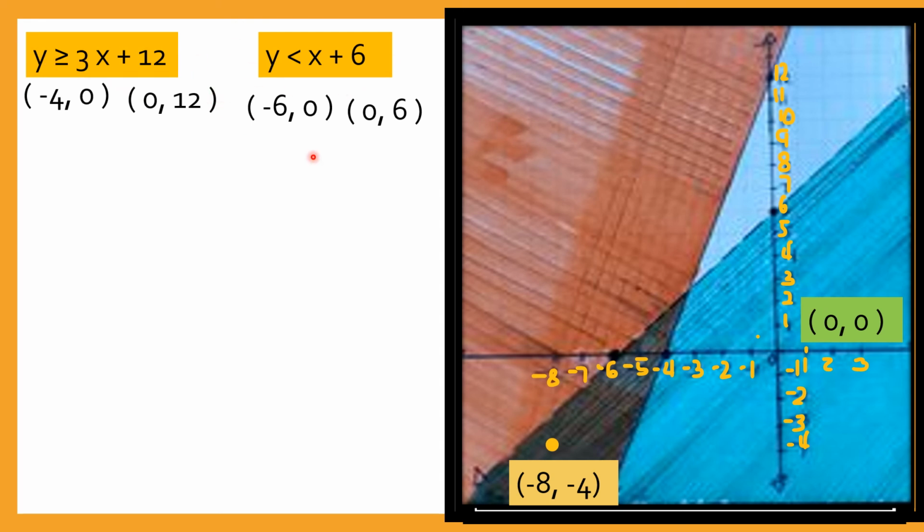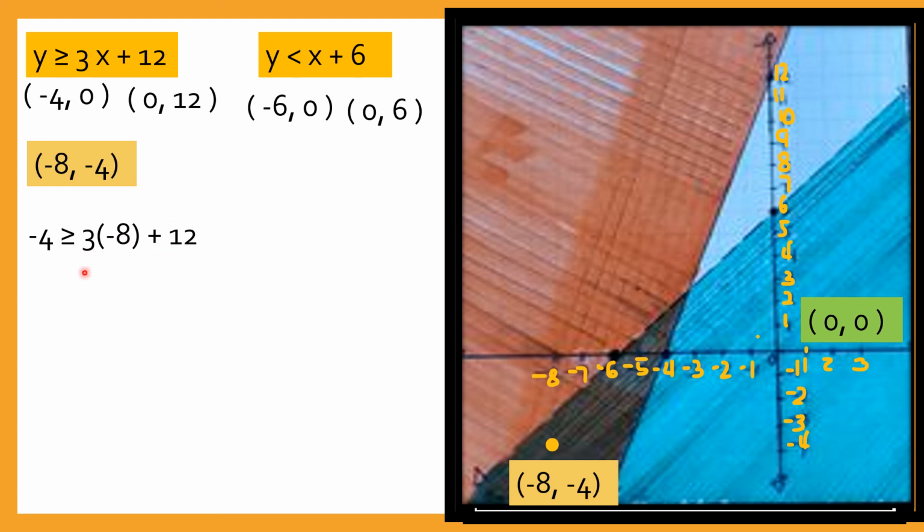Okay, itetest natin ngayon sa parehong inequality. Dapat true ang magiging sagot. Okay? So, ngayon, ito yung first inequality natin. Y is greater than or equal to 3x plus 12. So, papalitan natin ngayon yung y and x ng negative 8 for x and negative 4 naman sa y. Okay? So, negative 4 is greater than or equal to 3 times negative 8 plus 12.